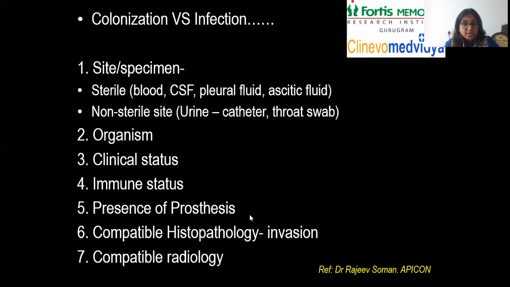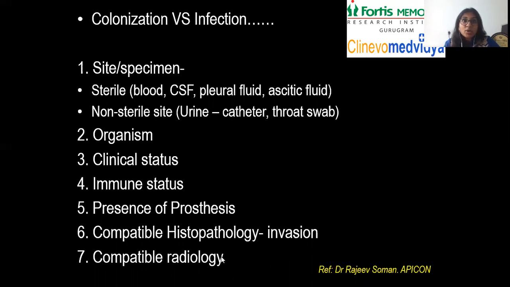In the presence of processes, for example, a blood culture which is growing Staphylococcus hemolyticus or CoNS in the presence of a central line, there are higher chances of it being an infection rather than a colonization, or in the presence of a prosthesis. Now compatibility, again, histopathological compatibility is equally important because there can be invasion, it must show invasion and necrosis.